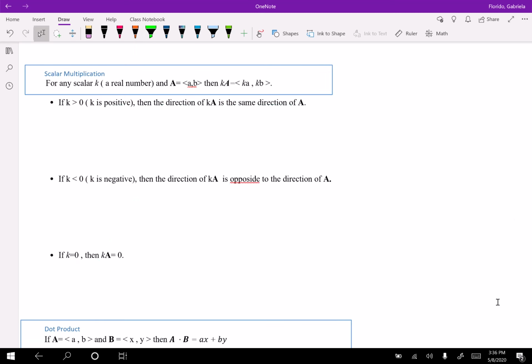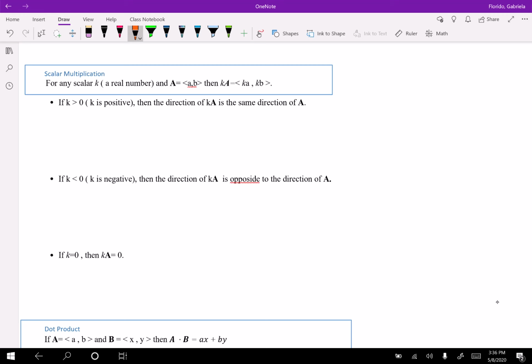Let's talk about scalar multiplication. Pretty much what this is saying is that we can multiply a number by our vector. How is that going to modify our vector? Suppose that we have a vector A, which is (a, b), and we multiply it by a scalar k. Remember, a scalar is just a number.